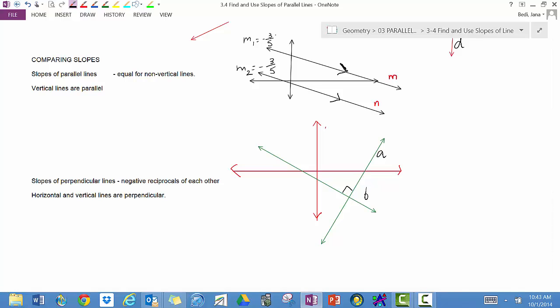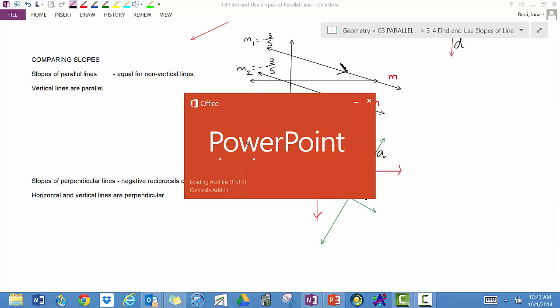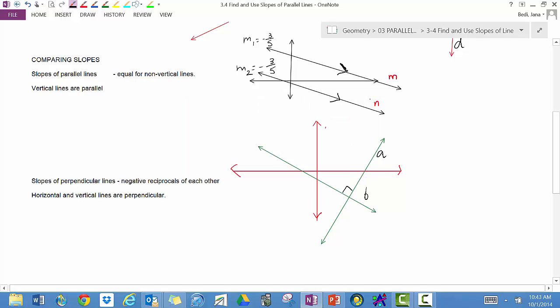For two lines that are perpendicular, the definition of perpendicular is lines that intersect at right angles. The slope of one line is the negative reciprocal of the other. So once again, if I say M1 is negative 3/5, then the slope of A is going to be the negative reciprocal.